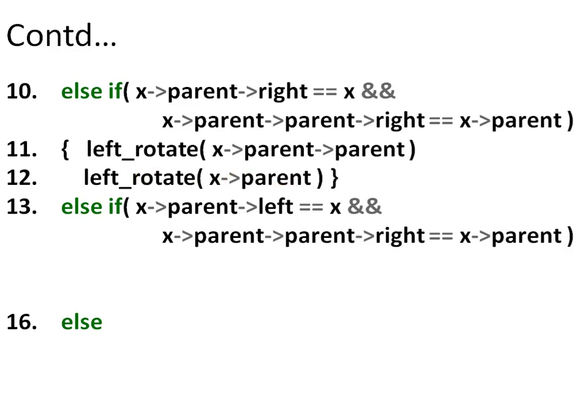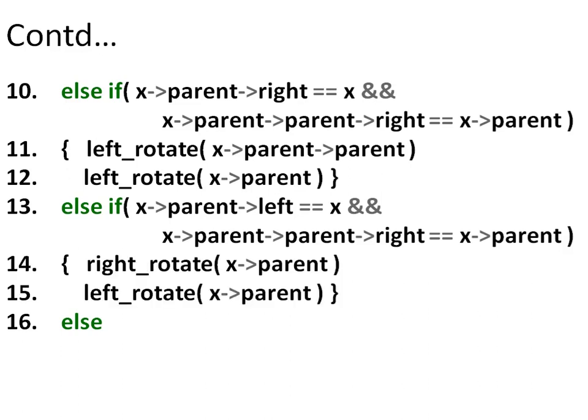After this, we have to consider the remaining 2 conditions, which are for the zigzag cases. So we have written, if x and parent are related to each other via left child pointer, and parent and grandparent are related to each other via right child pointer. So what we have to do is first perform a right rotation at the parent of x, followed by the left rotation.